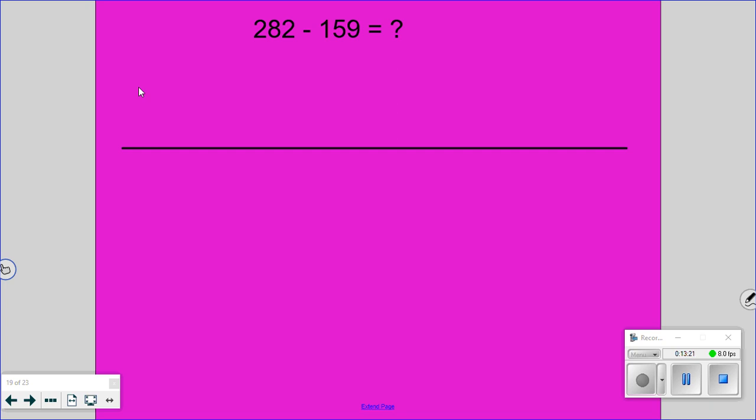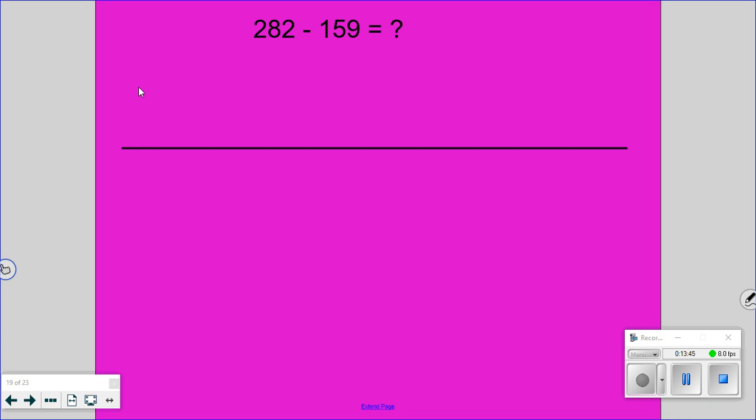Jordan, go for it. The distance between 282 and 159.